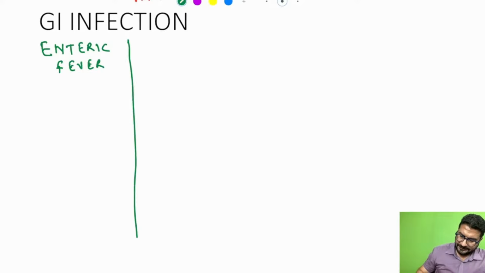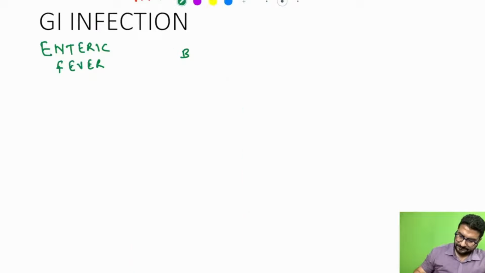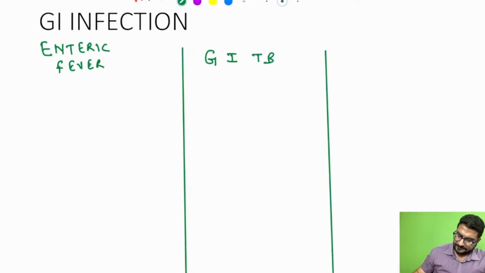Moving on to second infection which they ask in exam is GITB. And third infection, which is again very important one, is amoebiasis.